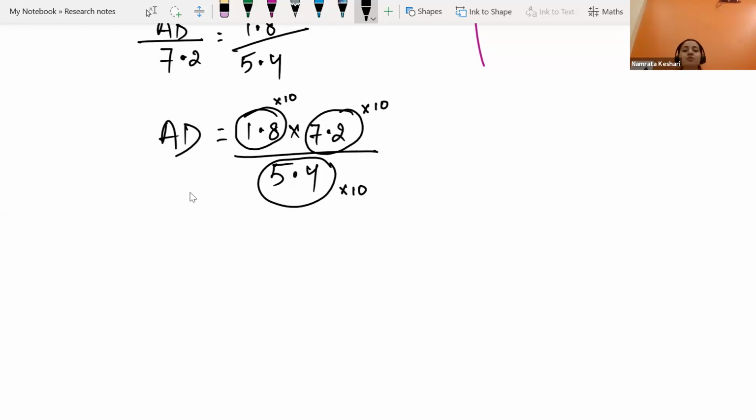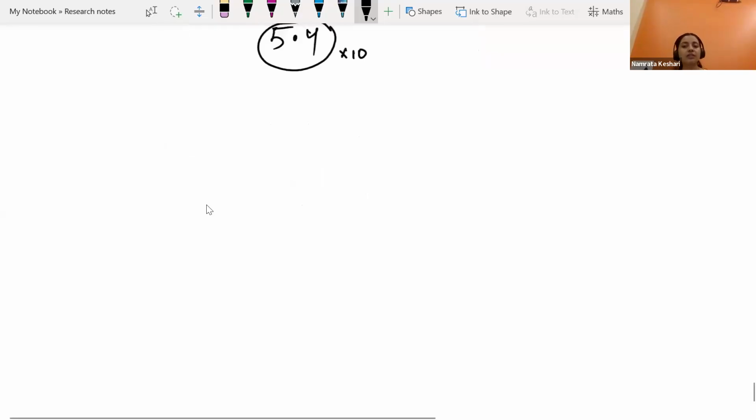No, the fraction will not accept that, because the fraction rule says that whatever you multiply or divide in the numerator, do the same in the denominator. If in the numerator you multiply with 10 into 10, that means 100, then in the denominator also we are bound to multiply with 100. Suppose in the numerator you have a number like 3.28 and in the denominator just 1.2.